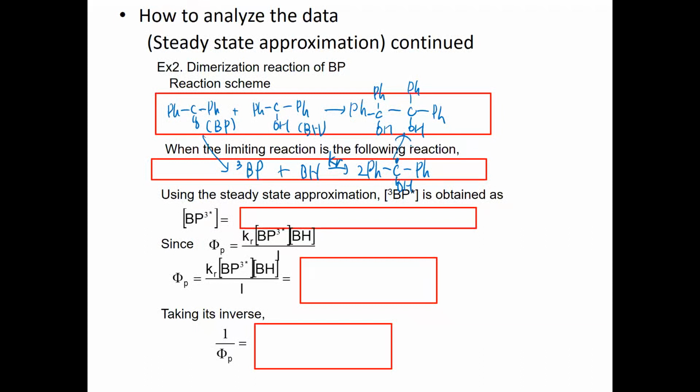So since we know that this one is the limiting reaction process, and this one we just write BP.